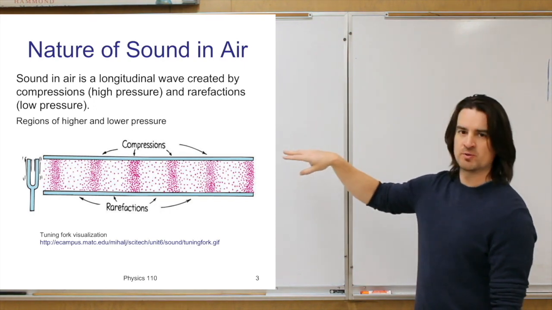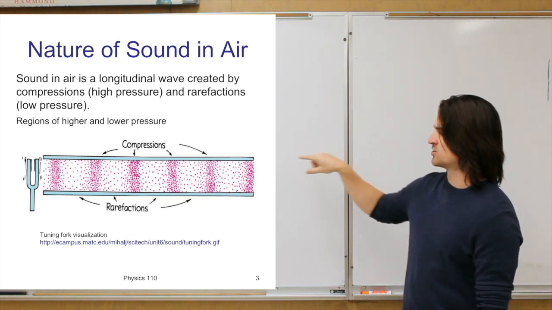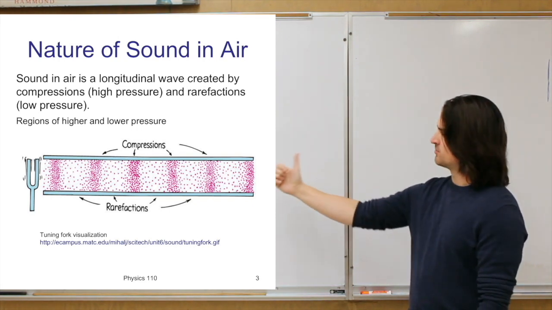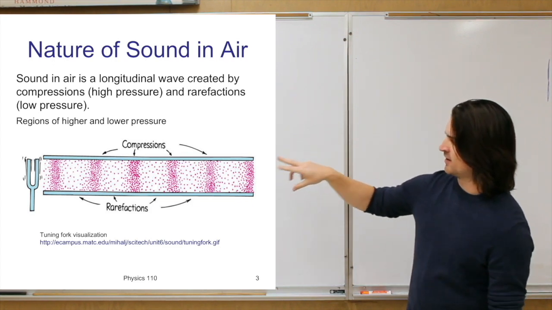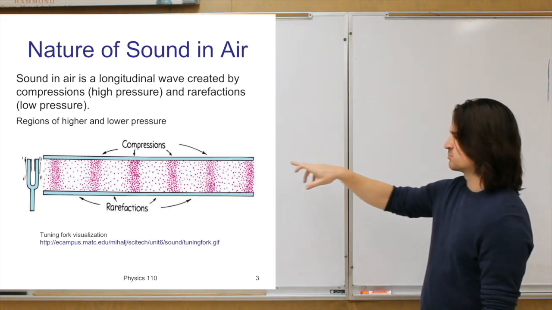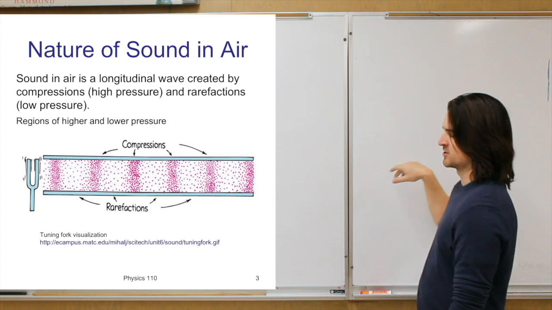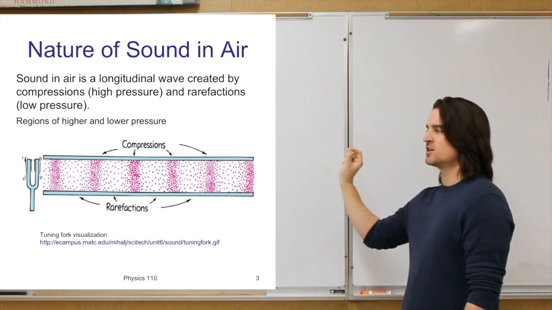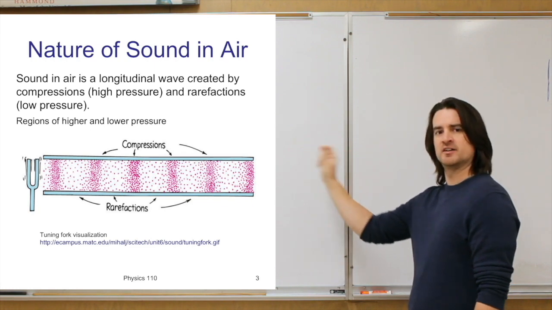Being a longitudinal wave, the stuff that makes up the wave, air in this case, is actually moving parallel to the direction that the wave is traveling. It's not that, say, an air molecule on the far left side is making its way to the far right side. It's not moving constantly in one direction. The air molecules themselves are just oscillating back and forth, sort of, not in place, but in the same area.